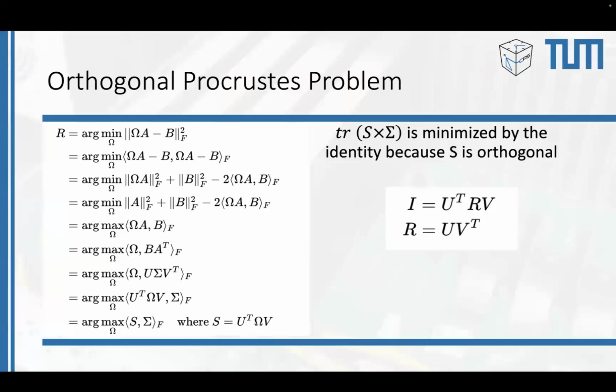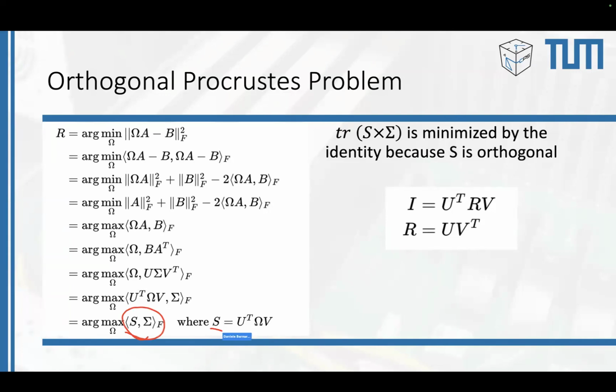So when you multiply S by sigma, which is only diagonal, the best you can have is the full eigenvalue and not a fraction of the eigenvalue in the diagonal. Then when you take the norm, you take the squares of those eigenvalues. And so the maximum of this expression is for S equal to the identity.